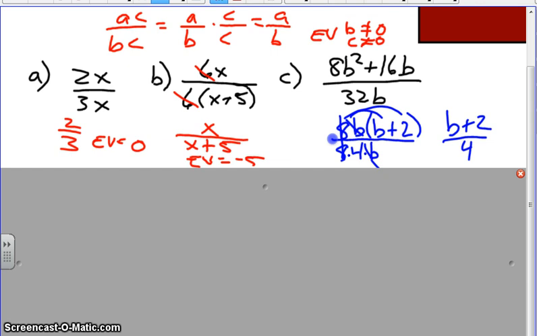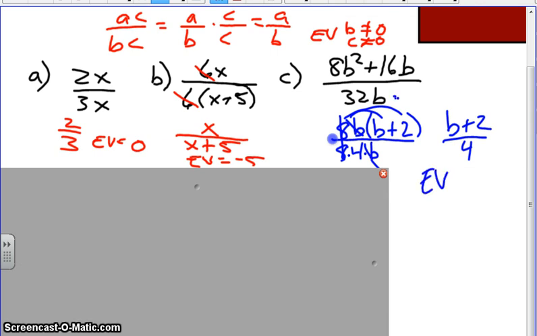That's it. Can we simplify it further? If you did, you would have to say b over 4 plus 2 over 4, which is 1/2. Is that simpler? Not really, no. I would accept either, I guess, but to me that's not simpler to have two little fractions. So there you go. We have b plus 2 over 4. So what is the excluded value though?